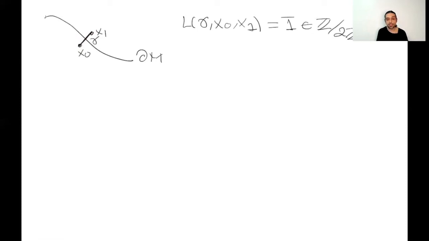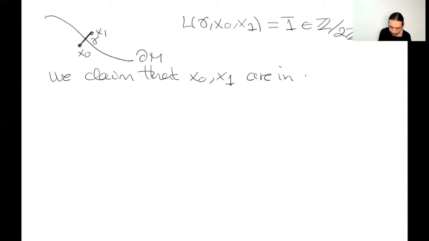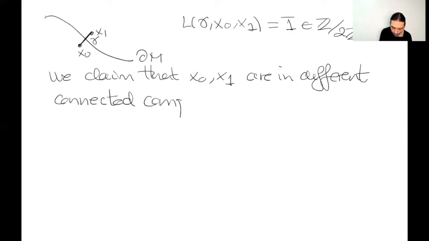But we say that this implies necessarily that x0 and x1 are in different connected components of the complement of M, okay? That's our claim. We claim that x0 and x1 are in different connected components of N minus M. Suppose that's not the case.